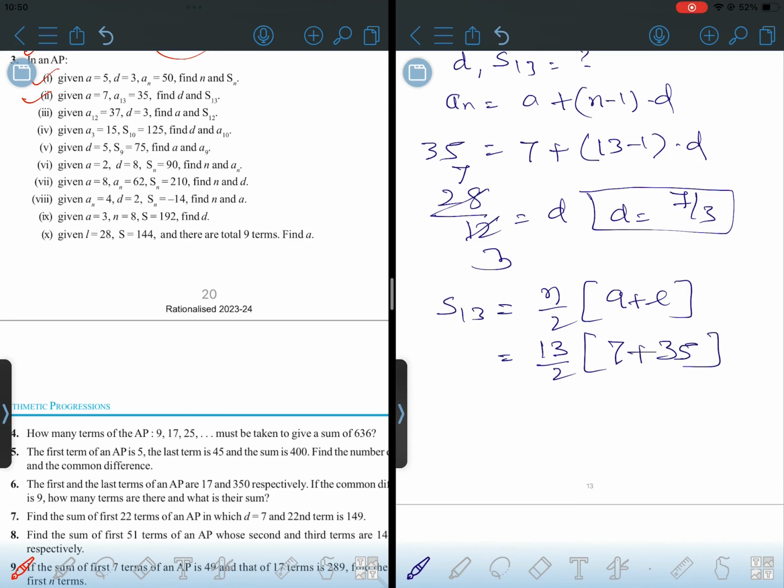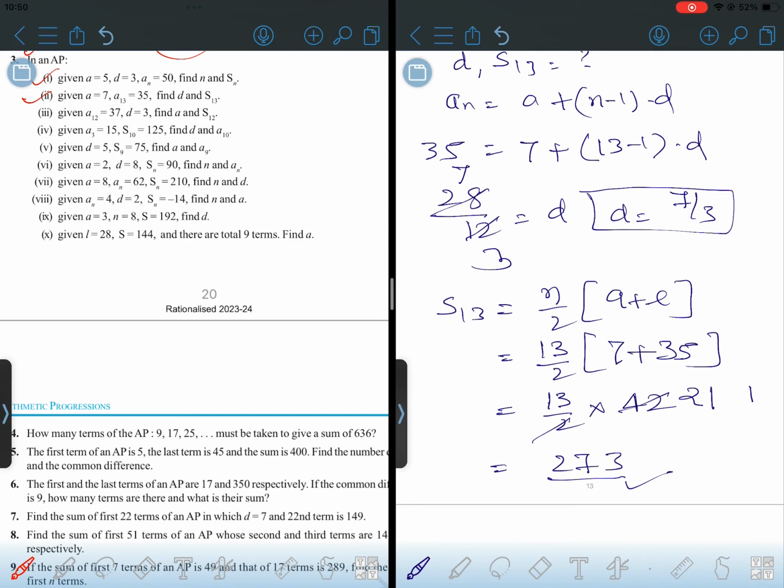That gives you 13 upon 2 into 42, and then this is 21. 13 times 21 gives 273, so this is your answer.